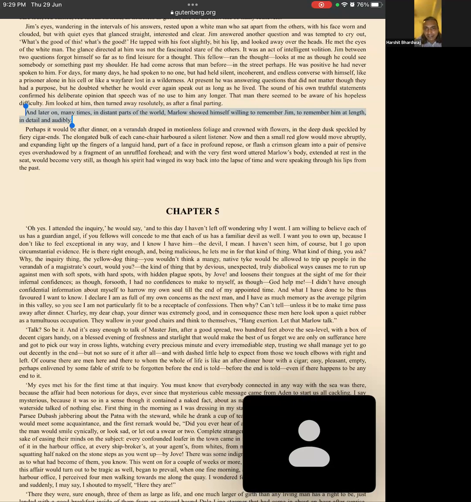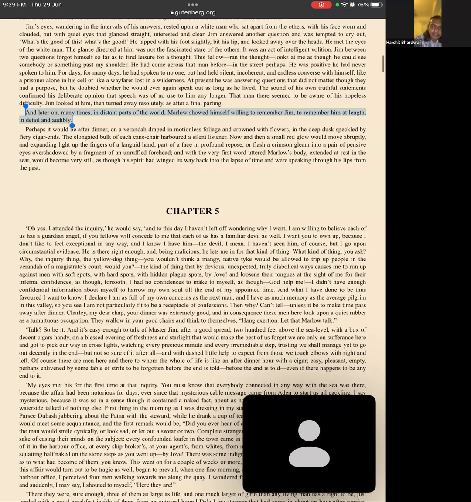Then he retreats back in his life, spends many years in incognito and obscurity, but then again gets a chance. Was he always looking for a chance to redeem himself? Or was it that it happened to him and he grabbed that chance to be a hero?